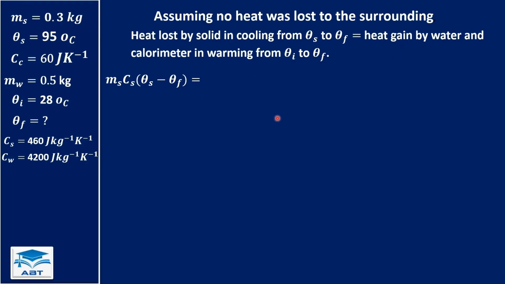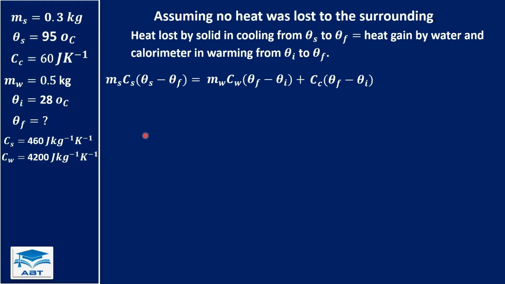And heat gained by water is mass of water, specific heat capacity of water, and we subtract the initial temperature of the water from the final temperature. And for the calorimeter, remember we don't need the mass. So we have heat capacity of calorimeter times the temperature change of the calorimeter, which is the same as that of the temperature change of the water.